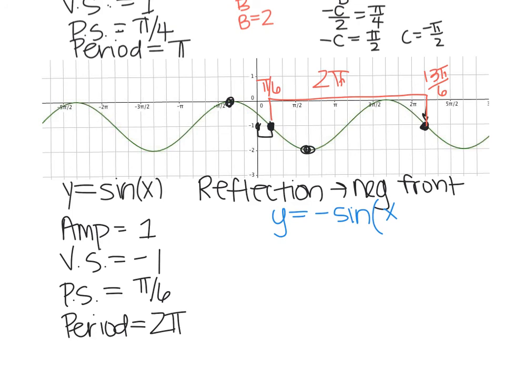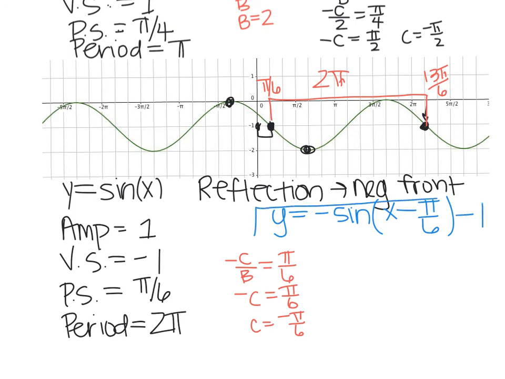Because our phase shift is pi over 6, we use that to find c: negative c over b has to equal pi over 6. Well, b is 1, so negative c equals pi over 6, which tells us c is negative pi over 6. So we're going to have minus pi over 6 in parentheses, and then we put the vertical shift at the end, minus 1.